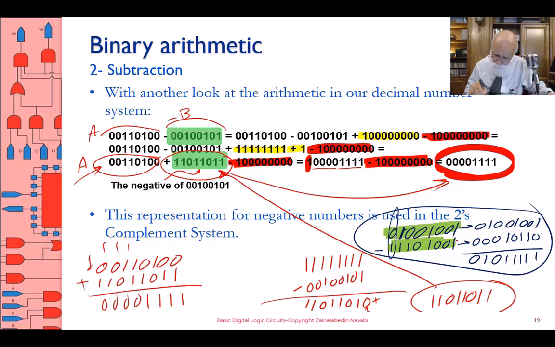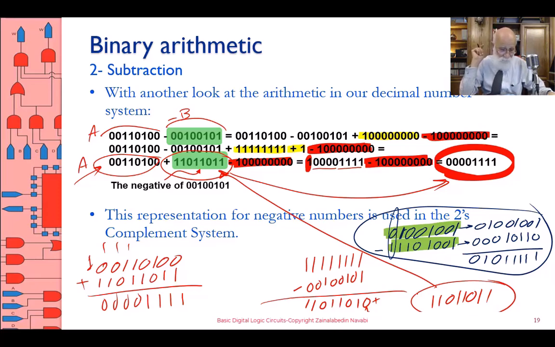This is an 8-bit negative number in twos complement system. How do I know it's a negative number? Because the leftmost bit is a 1. How do I know the one on top is positive? Because the leftmost bit is a 0. It turns out that positive numbers in twos complement system and sign and magnitude system look exactly the same. I cannot say this about negative numbers. Negative numbers in sign and magnitude and in twos complement system look different.